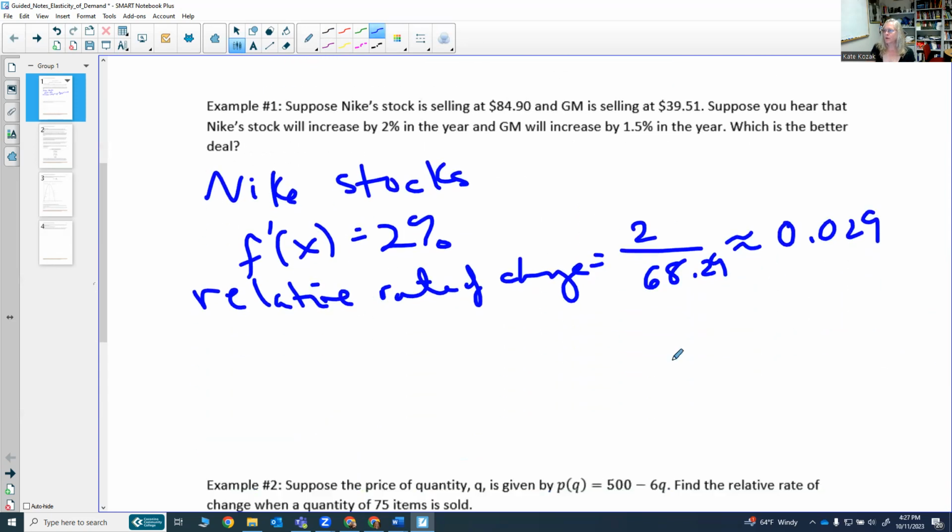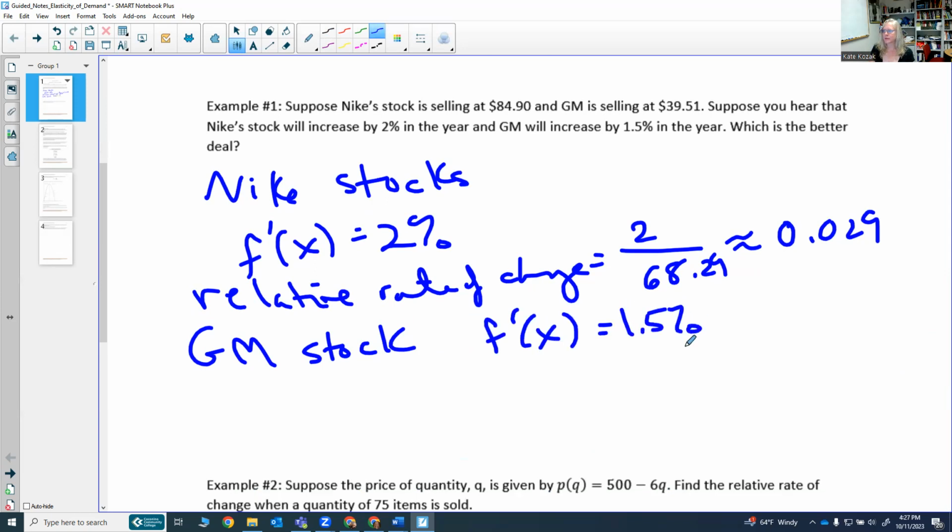The GM stock is increasing at 1.5%. So the rate of change for GM, f prime, is 1.5%.